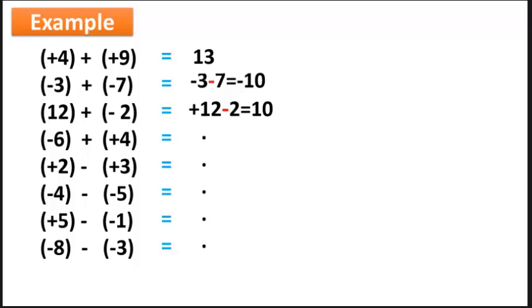We have in the next example two numbers with different signs, so we subtract the two numbers and we keep the sign of the larger number. As you can see, 6 is larger than 4, so we keep the negative sign and we got minus 2.